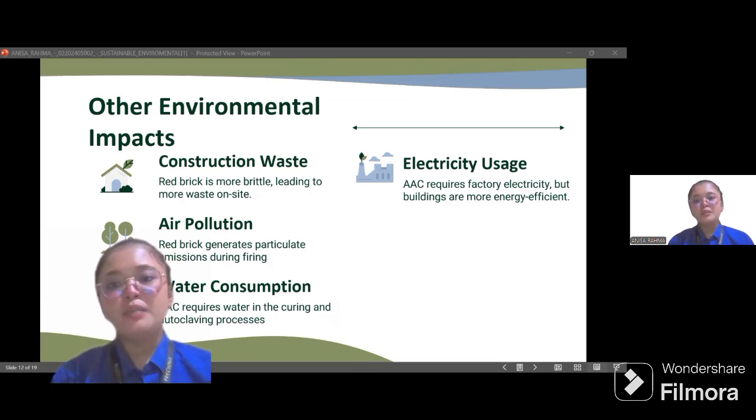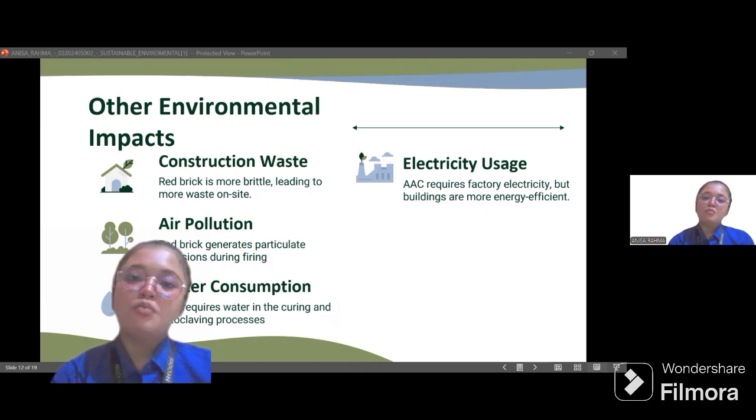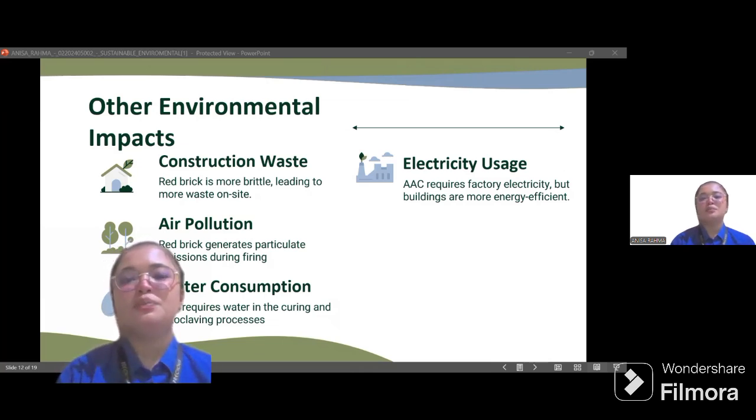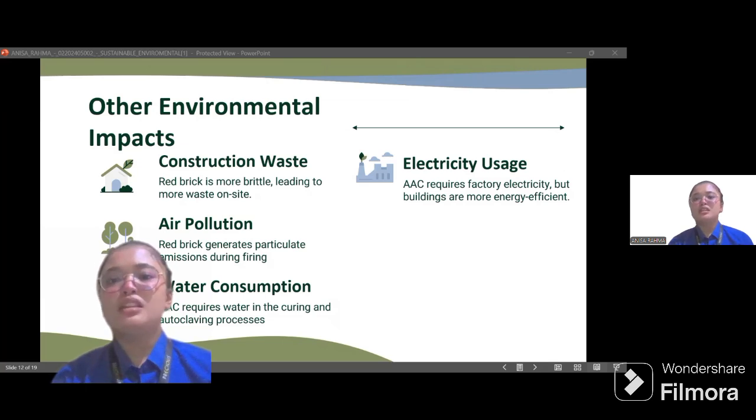AAC requires a significant amount of electricity, especially for the autoclaving and curing process. AAC factories need a stable and sufficient electricity supply to maintain the temperature and pressure required for block production.